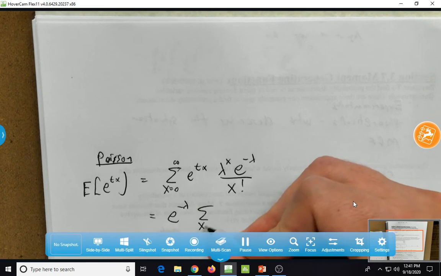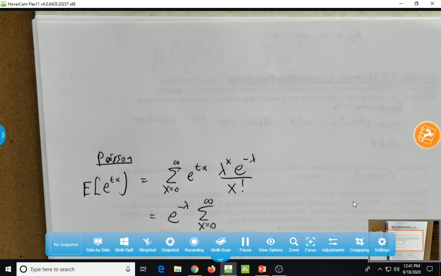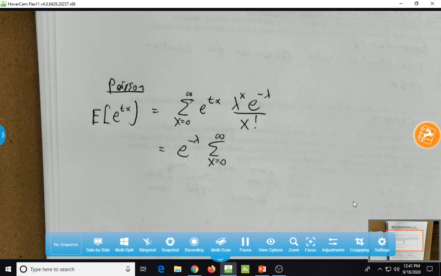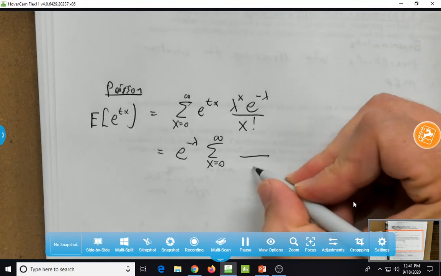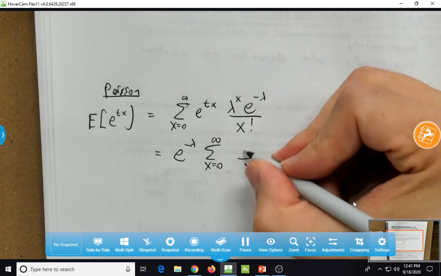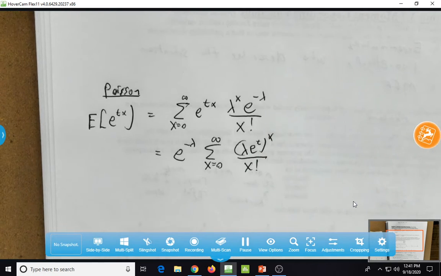Is there any powers that I can condense? I don't think I can condense anything with the factorial. Anything else that I can condense? Yeah, I can condense this lambda and e to the t. So I'm going to get lambda e to the t raised to the x power.